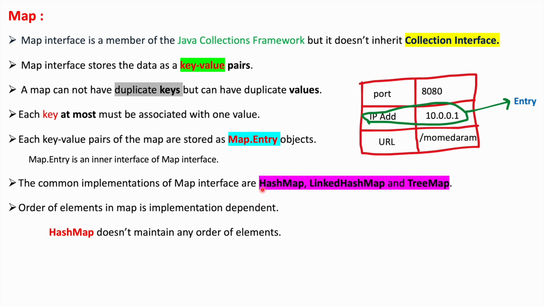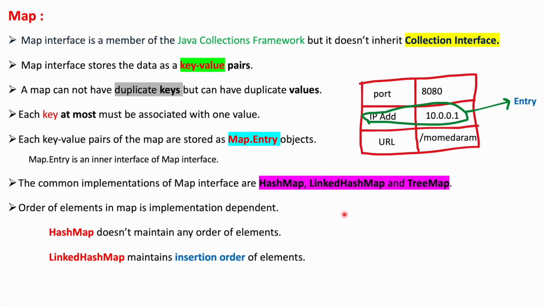If we use LinkedHashMap as the implementation class, the key value pairs will be ordered according to the insertion order, the way we inserted them.